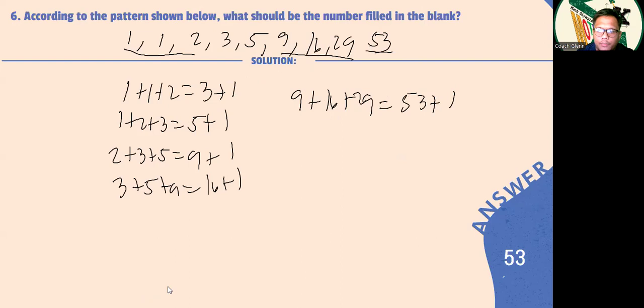Okay, any questions for number 6? Again, the pattern here is you add the previous 3 numbers, and after that, you subtract 1. Okay, any questions for number 6? If there are no more questions, then we're done with the first part.